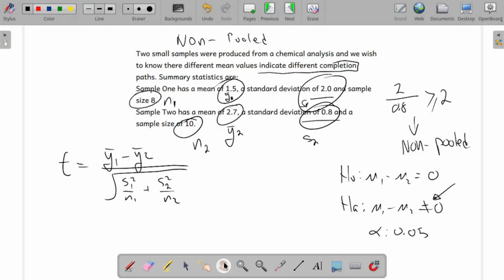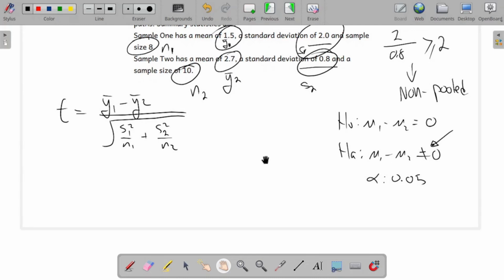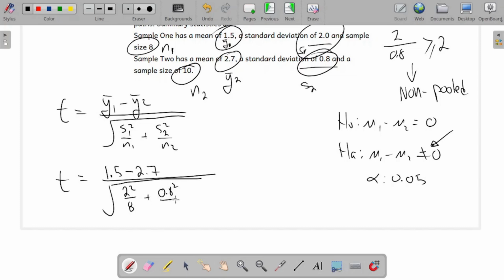So we have t is equal to 1.5 minus 2.7, and under the root, 2 squared over 8 and 0.8 squared over 10. So this is going to be negative 1.2 over 0.7510, which gives us a test statistic on t.